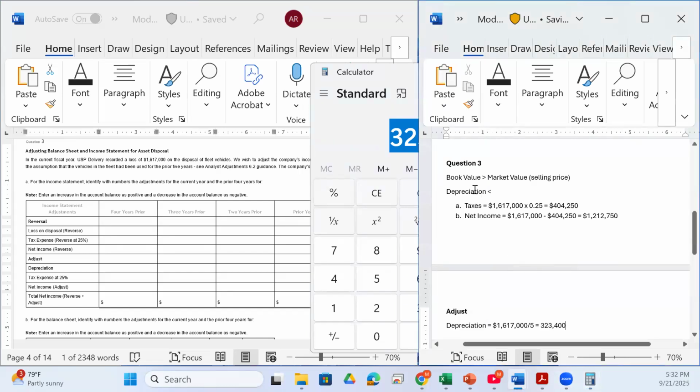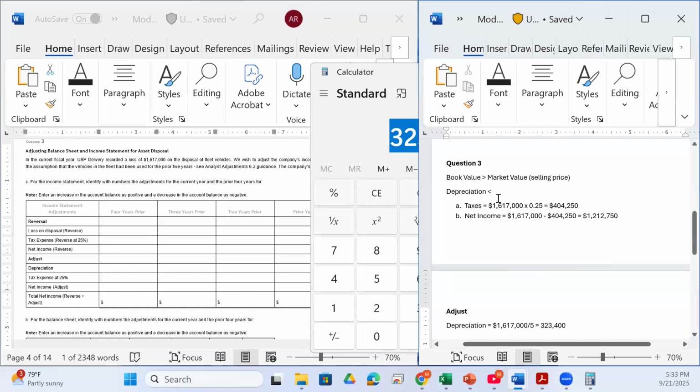Because depreciation was underestimated, we want to depreciate appropriately so that the loss actually is absorbed by our depreciation expense, right?